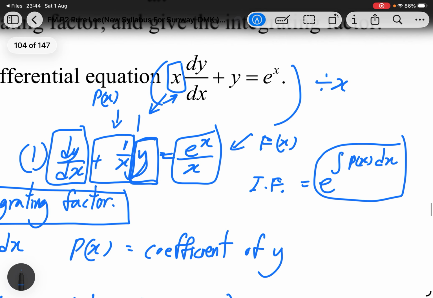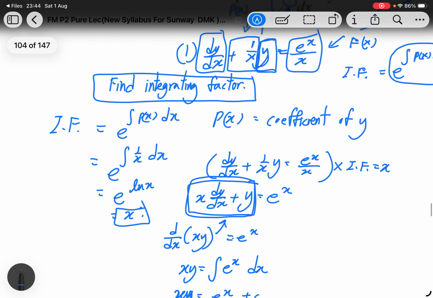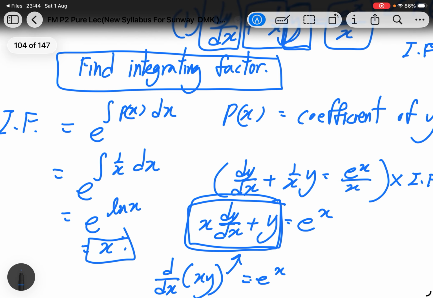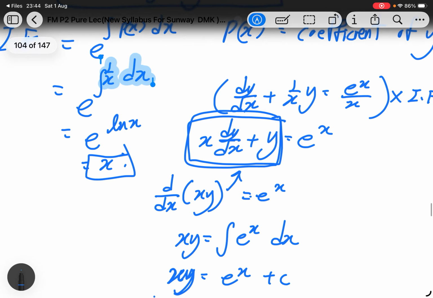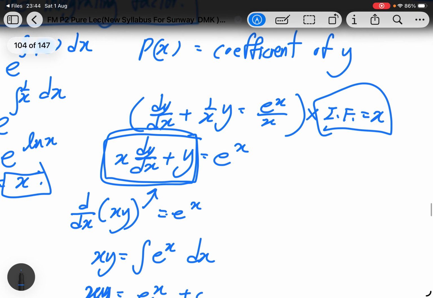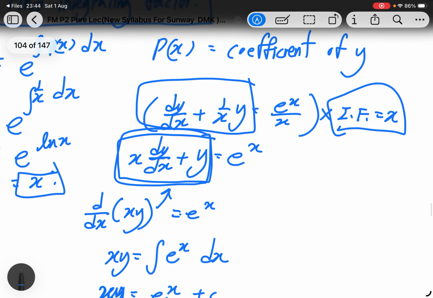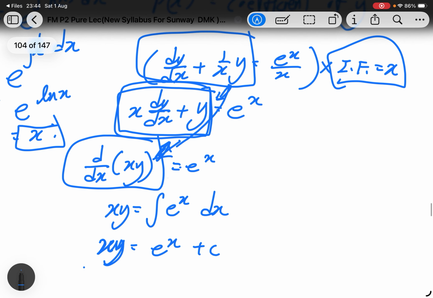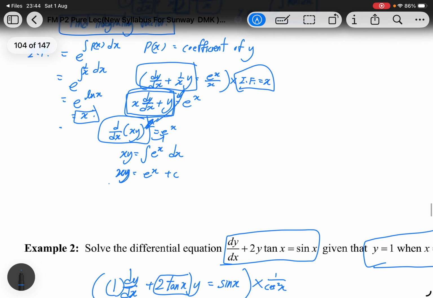Usually your answer will have lns, so everything will cancel out. If it doesn't, then it's okay, don't worry, just continue doing it. And then when you multiply the whole equation with your integrating factor, you can convert your whole left side into a derivative. So you can move it to the other side as an integral, and then you can solve your equation. That's for first order.